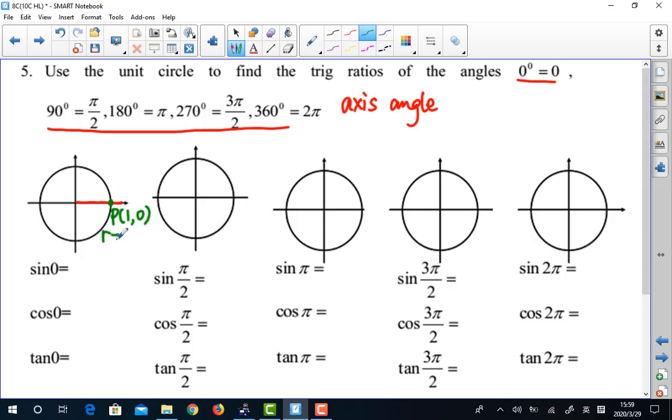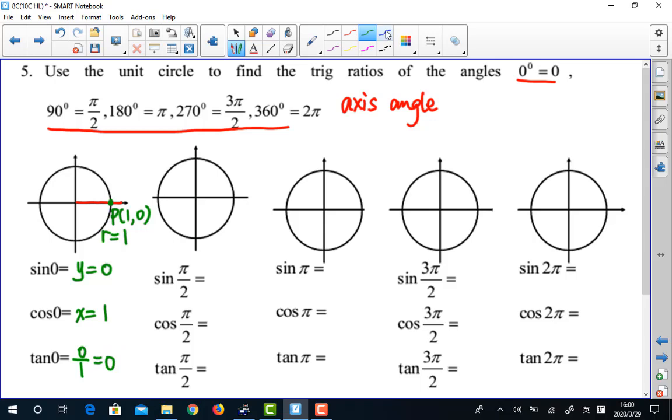The corresponding r value is 1. Therefore, sine 0 equals y over r equals 0 over 1, so it's just y, which equals 0. And cosine 0 is x, and the x value is 1. Tangent 0 is y over x. It's 0 again.